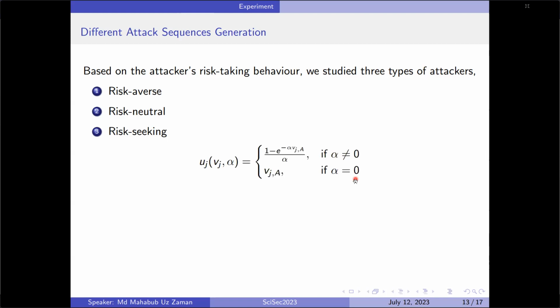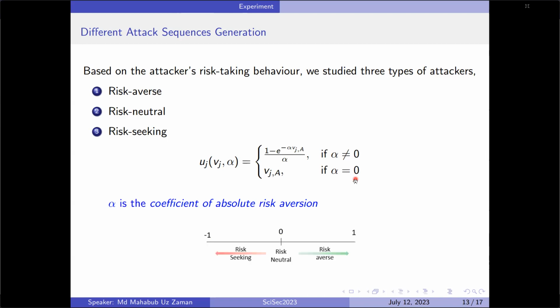We take an exponential utility value u_j that is parameterized by v_j and alpha, where v_j is the value of computer j and alpha is the coefficient of absolute risk aversion. This alpha can range from -1 to 1. When it is 0, it is risk neutral. When it is negative, it is risk seeking. And when it is positive, it is risk averse. From that, we can rank the computers and get a sequence of attack.